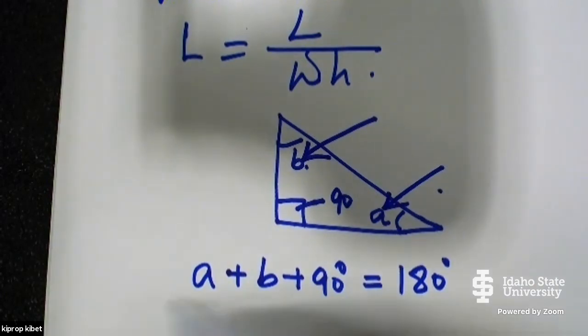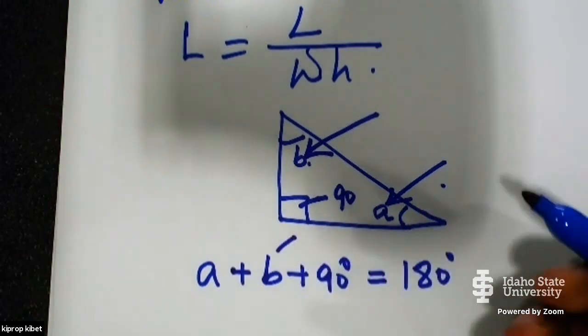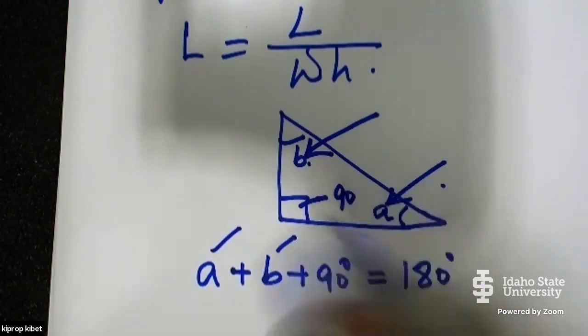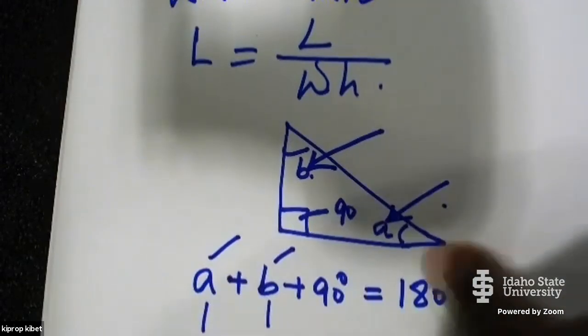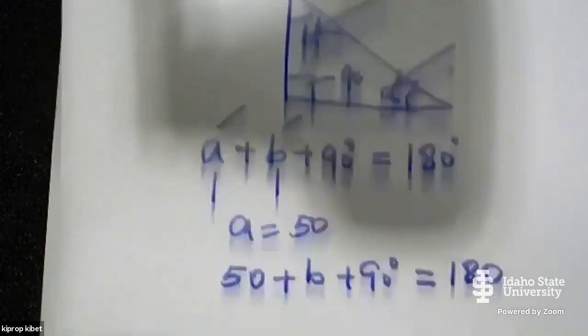Okay. So using the same way with what we did, if you're given B or A or something like that, then you're able to solve the other either way. So you can say A is, let's say, 50 degrees. Then B would be equal to: A, which is 50, plus B plus 90 degrees equals to 180.